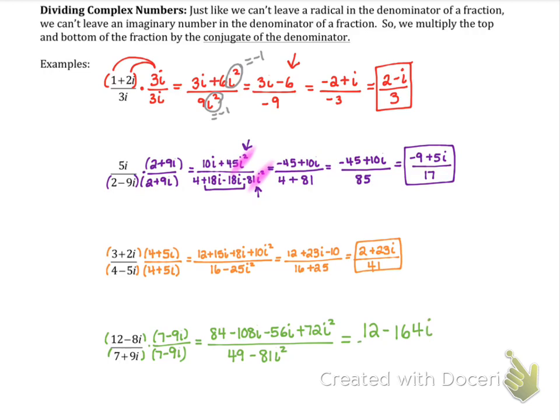So if you didn't get that, go back and check. Make sure you added your middle two terms correctly, and then 72i squared will become minus 72. And my denominator is 130. This can be simplified. Everything's divisible by 2. So we get 6 minus 82i all over 65 as the final answer.